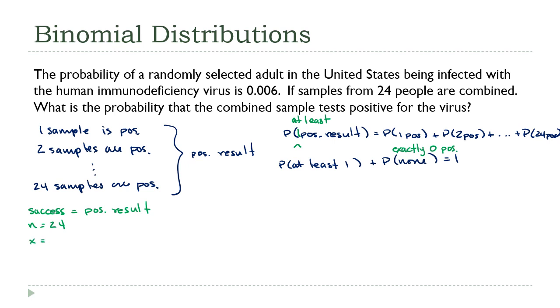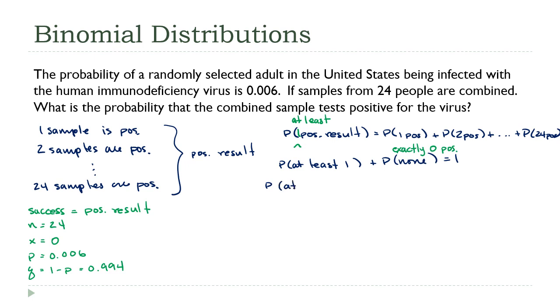Well, I'm looking for 0 positives. P is the probability of a positive result. That's 0.006. Q, as it always is, is 1 minus P, so that's 0.994.